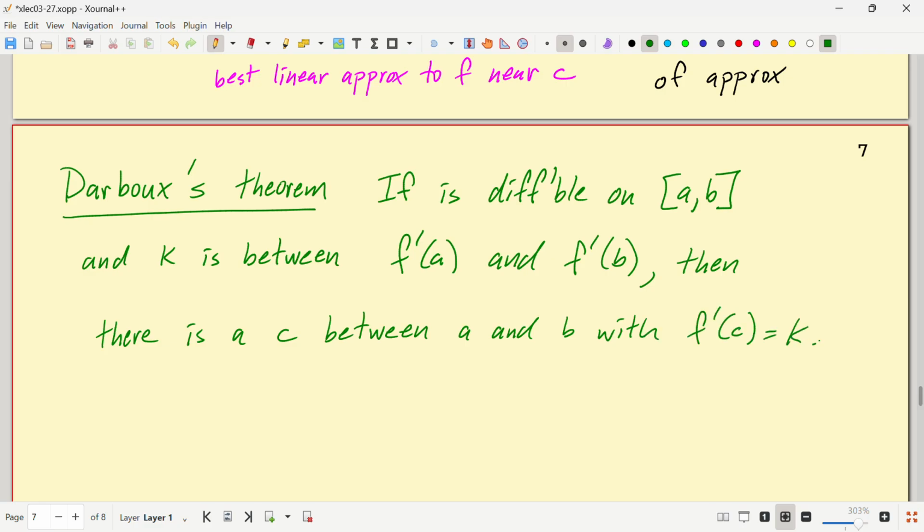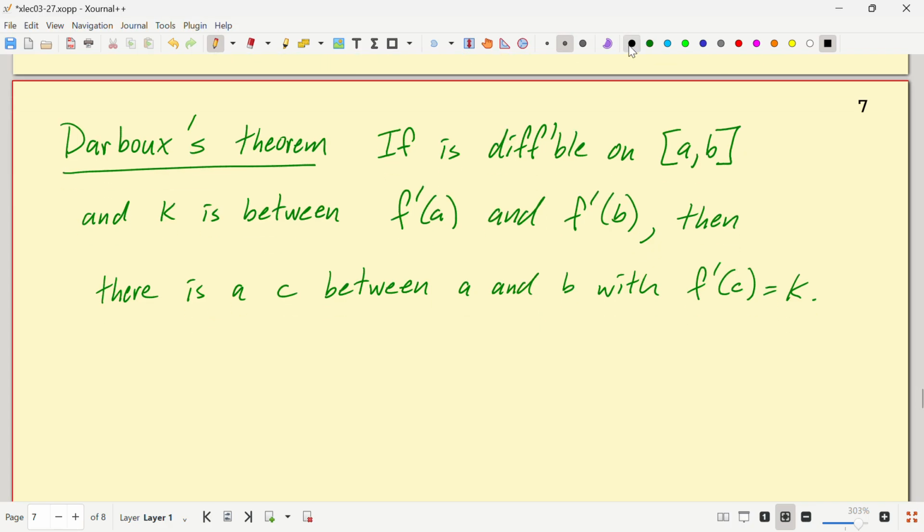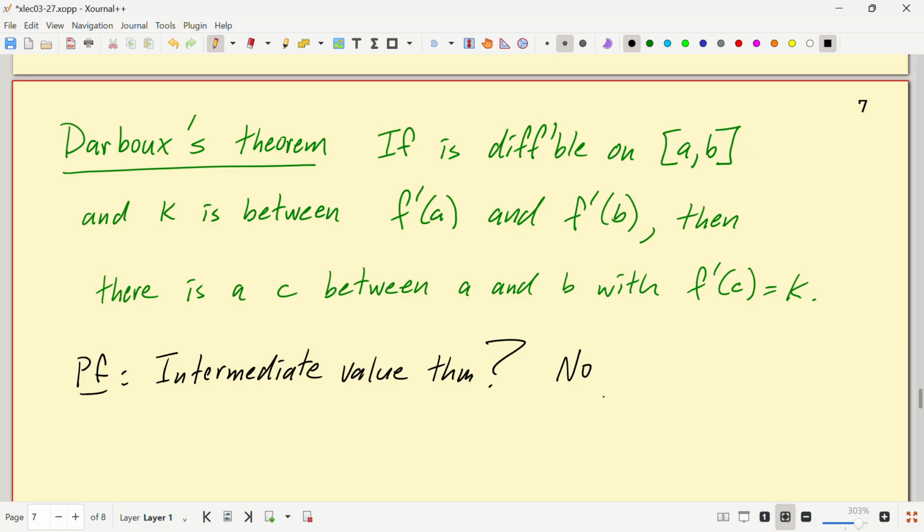It just looks like an intermediate value theorem. But we don't know that f prime is continuous. So proof: it looks like the intermediate value theorem, so I'll put a question mark. It's not the intermediate value theorem because we haven't assumed that f prime is continuous. So you have to do something fancier.